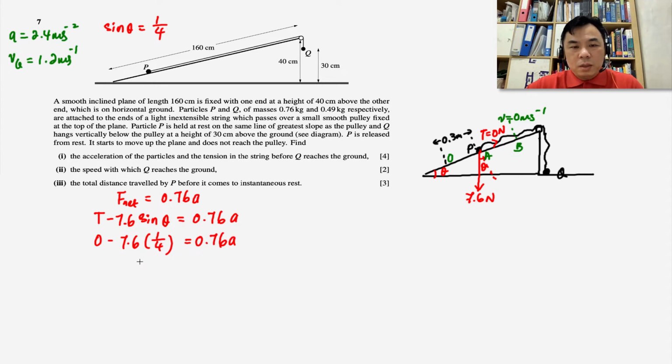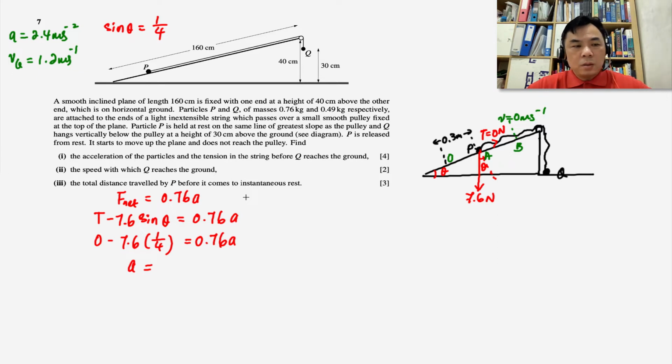So let us try this one out. The deceleration will be equal to, let me see here what we have. Should be 19 or 1.9. Let me check one more time in case I make a mistake. I think it's 1.9.